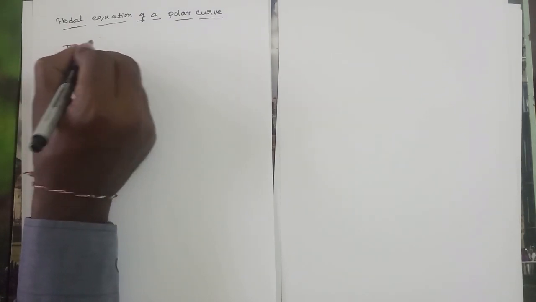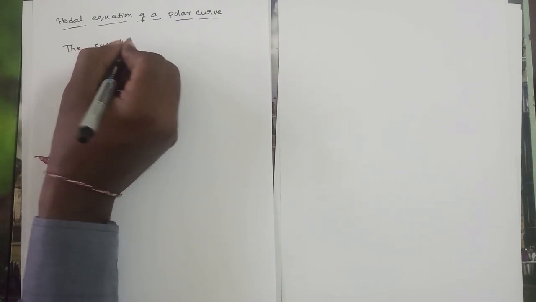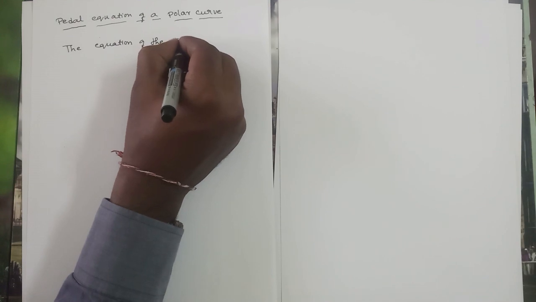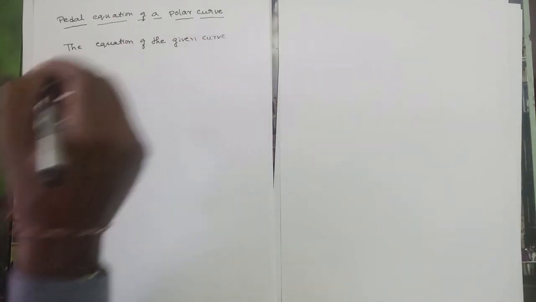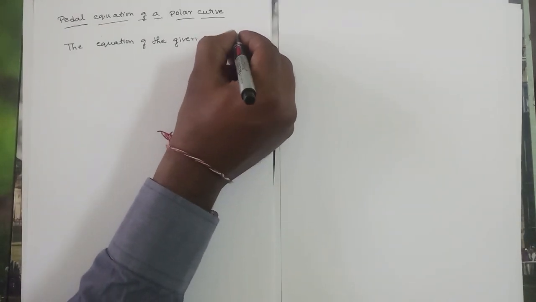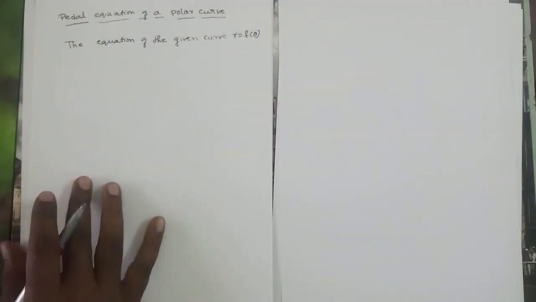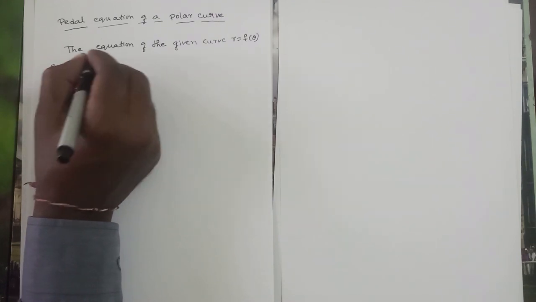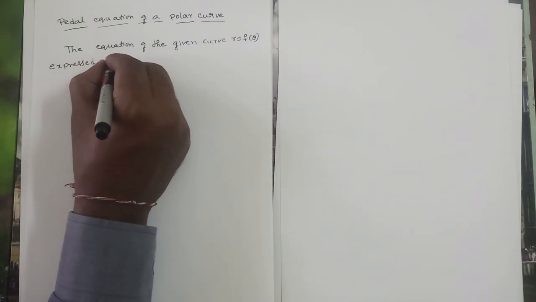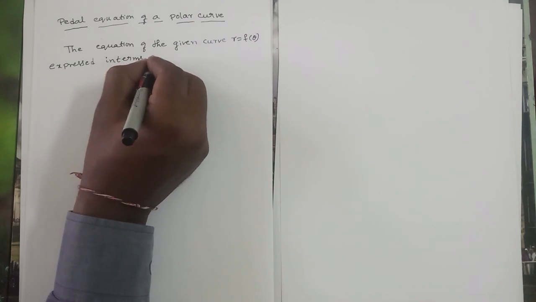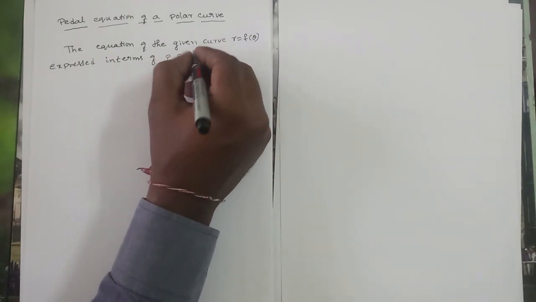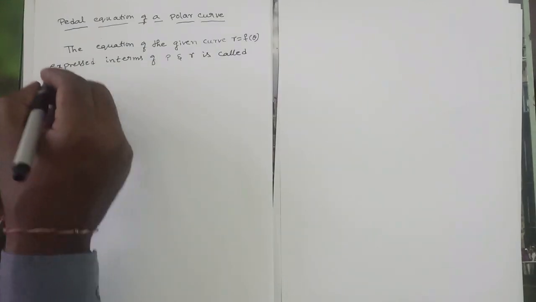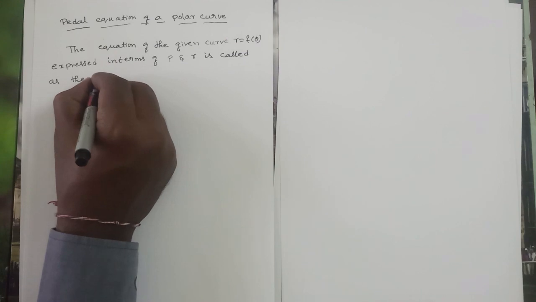Here the equation of the given curve r equals f of theta, expressed in terms of p and r, is called the pedal equation.